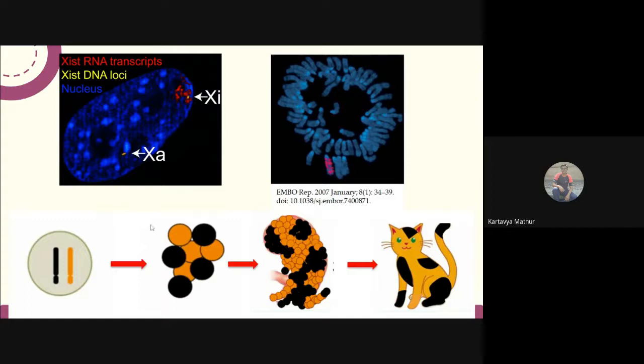If you can see the image, this is how the calico cats are formed. In one cell, suppose the yellow chromosome gets inactivated, so the phenotype will be black, a cell which will encode for black color.